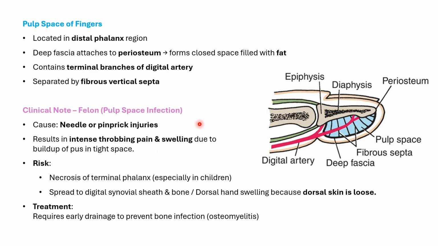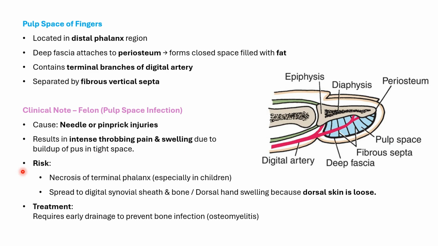Now we learn about the clinical note related to the pulp space of the fingers. It is felon, also called pulp space infection. It is caused by needle or pinprick injuries and results in intense throbbing pain and swelling due to a buildup of pus in a tight space.